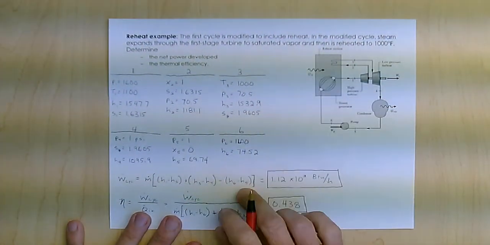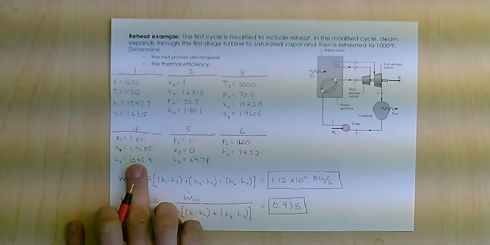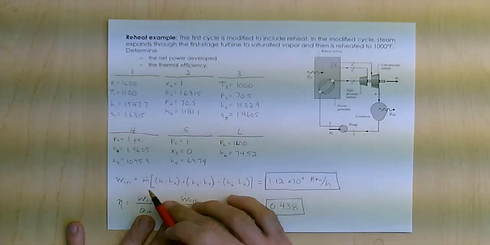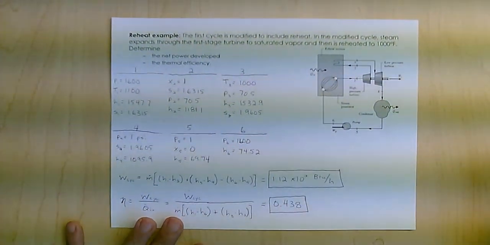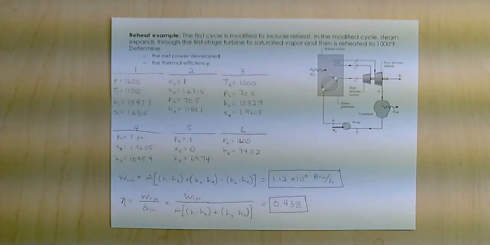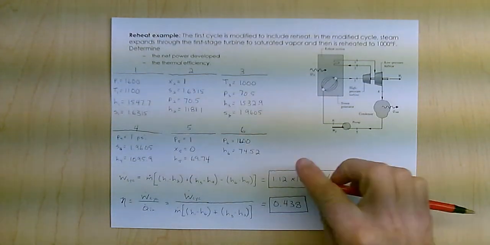So that's how reheat helps, plus the fact that at state 4 I was at 90+% quality, so that higher quality leads to less erosion in the turbine blades.